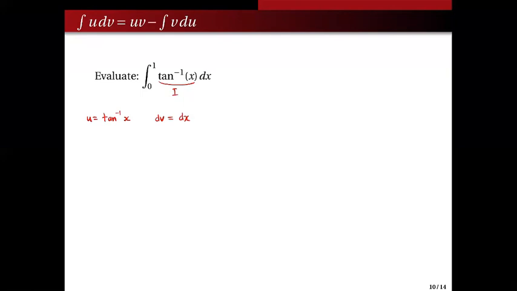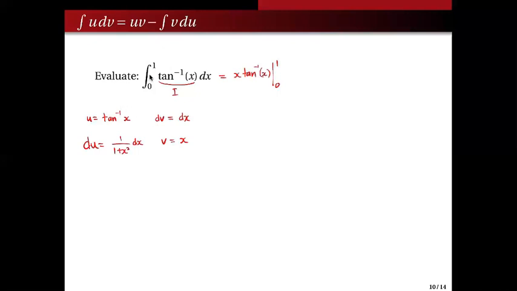Now, du is equal to 1 over 1 plus x squared dx. And v is just x. So in here, u times v is x tangent inverse of x evaluated from 0 to 1.